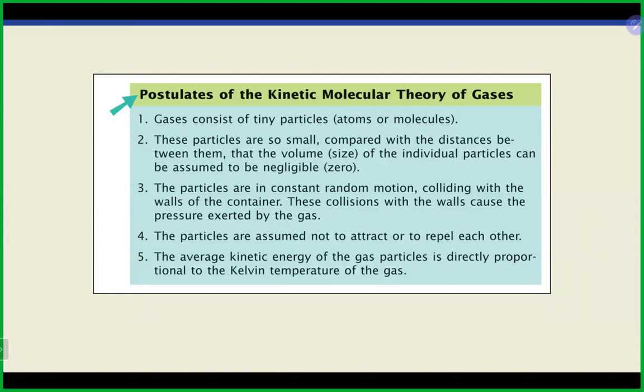And as I might have mentioned previously, this is one of the reasons that makes something an ideal gas: the idea that the volume of the gas molecules themselves is much smaller than the container they're flying around in. The volume of the container is more important than the volume of the gas molecules.